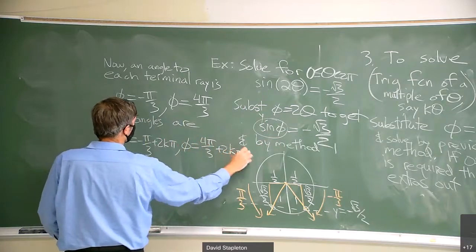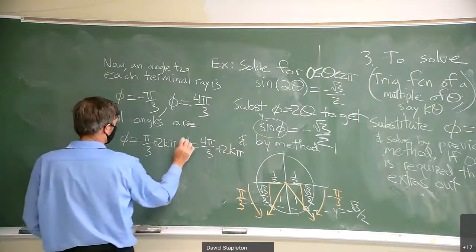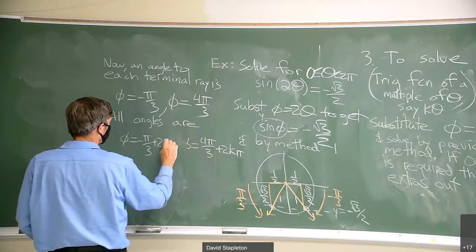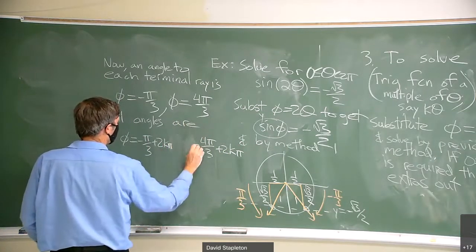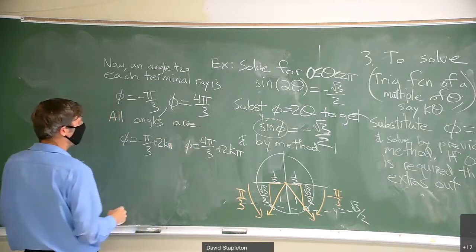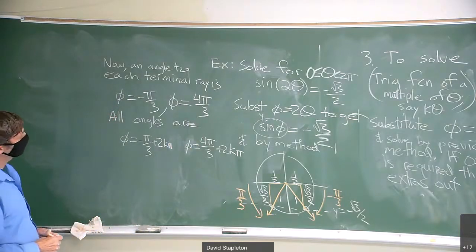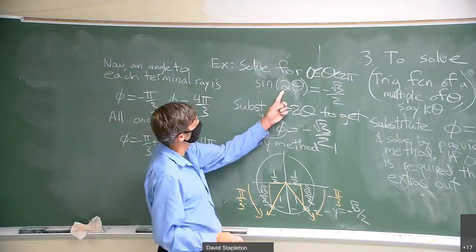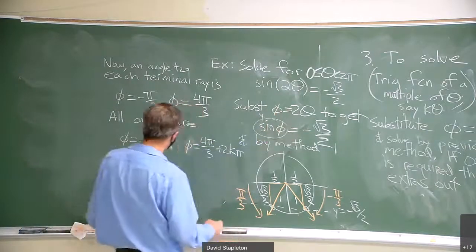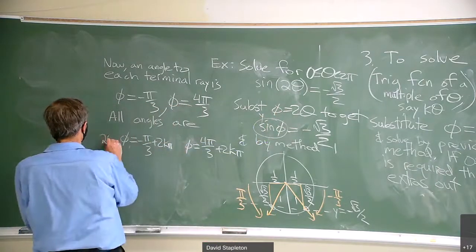So there are all angles phi. That gives those terminal rays. And now, wait a minute, we're not done. We wanted theta. Phi is equal to 2 theta, so we just write 2 theta equals this.